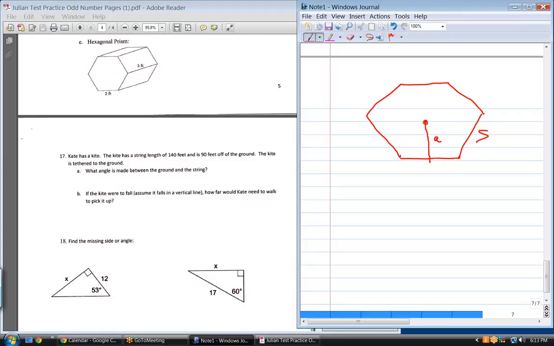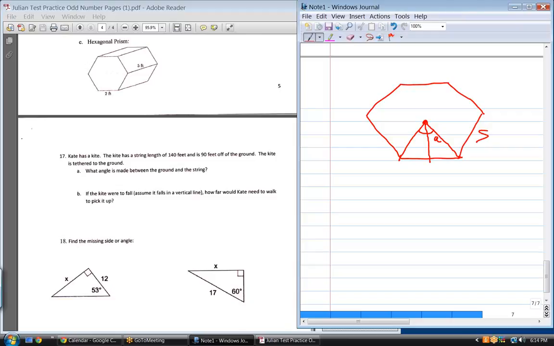Okay. All right, so let's break this up into some triangles. First of all, what is the central angle going to be? How many sides are there? 6. What's the total degrees when you go around a circle? 360.